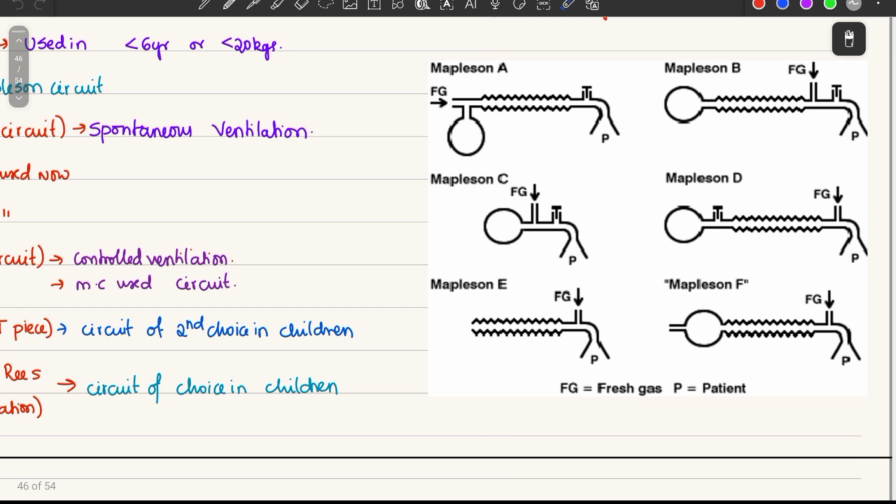No anesthesiologist will give this type of explanation, but ultimately what is most important is how much you remember. Just remember, if both ends are at the same level, then it is controlled. You can control it.